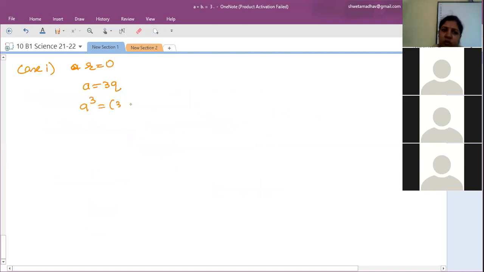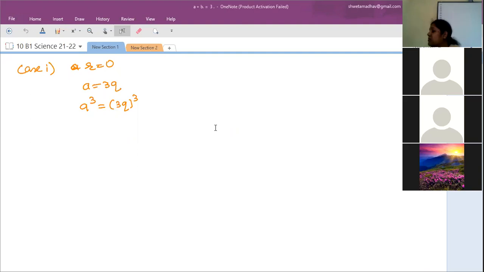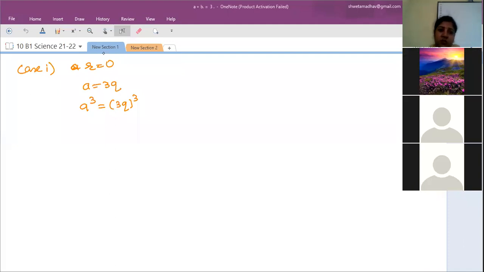So a cube is equal to (3q) whole cube, which is 27q cube.